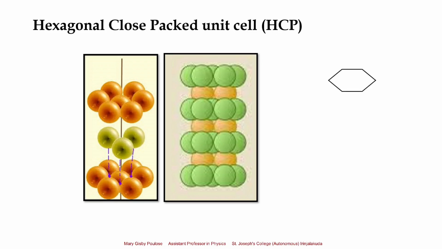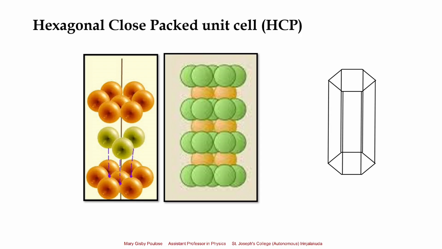Now to draw it, let us draw a hexagon on the top and another hexagon on the bottom, and we shall match the edges by drawing straight lines. On all the corners, let us place atoms. So here we place an atom.